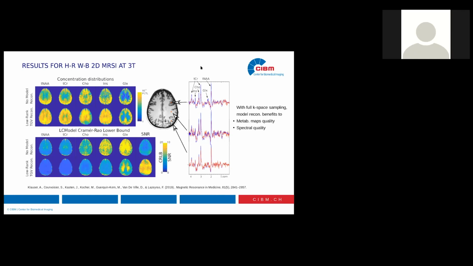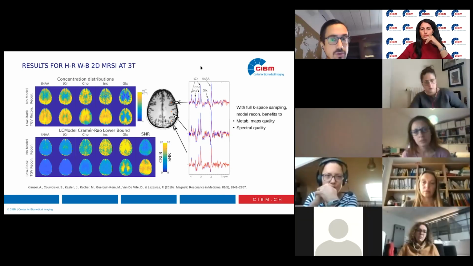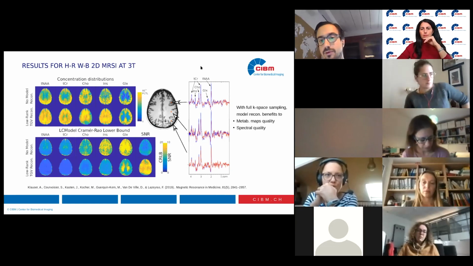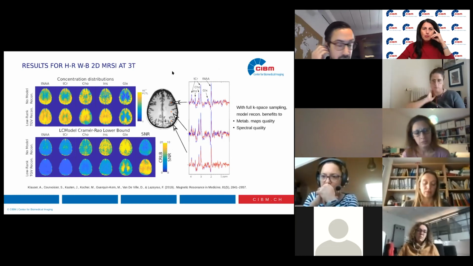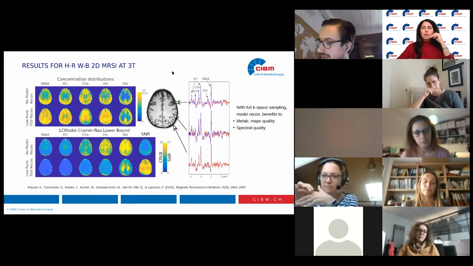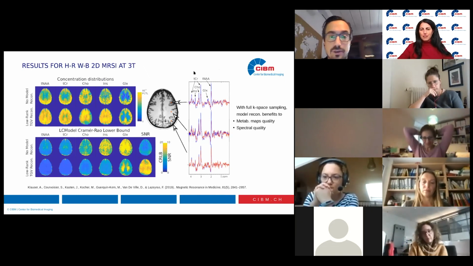Now, for the difference in metabolite contrasts, probably we need some specific phantom with differences, for instance, in metabolite concentration in order to really assess how much. Well, yeah, it's a difficult question, but I hope with some good simulation data and good phantom data, we can answer and ascertain this question.